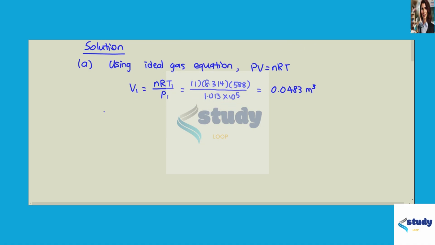During the adiabatic expansion, we will be using T1 V1 to the gamma minus 1 is equal to T2 V2 to the gamma minus 1.